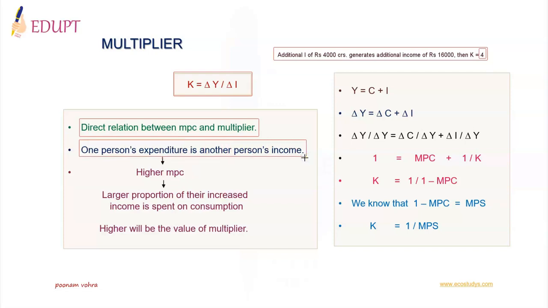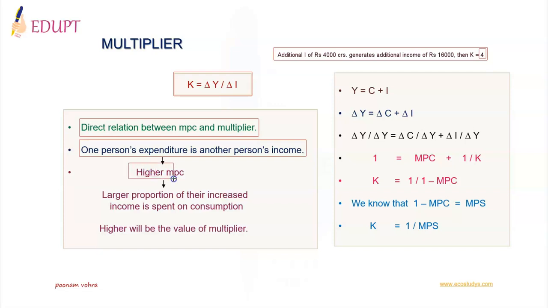When investment is increased, it also increases the income of the people. People spend a part of the increased income on consumption. However, the amount of increased income spent on consumption depends upon the marginal propensity to consume.